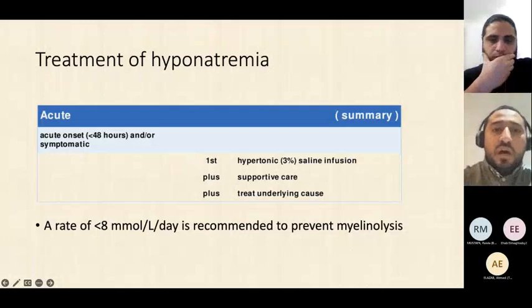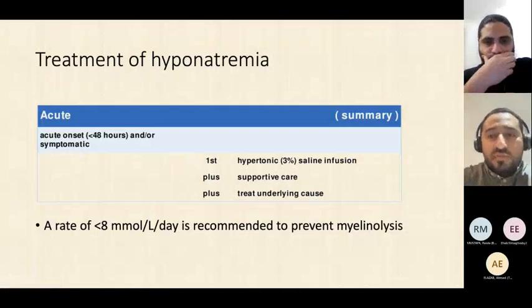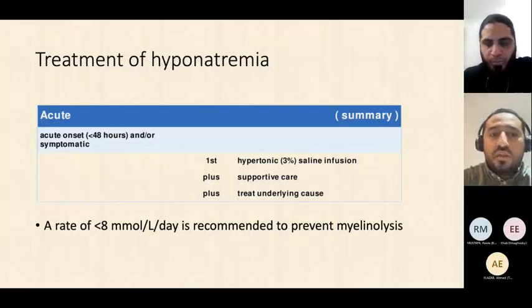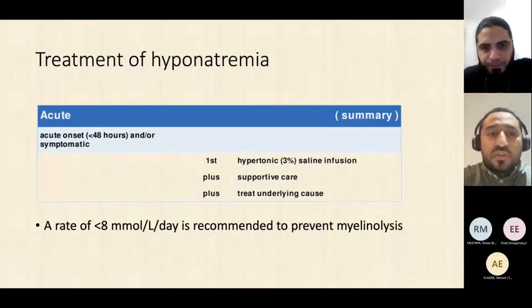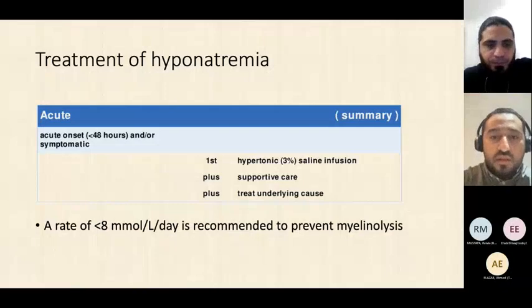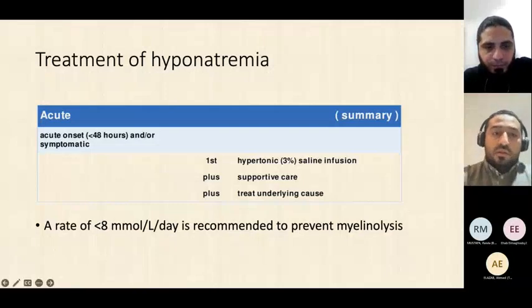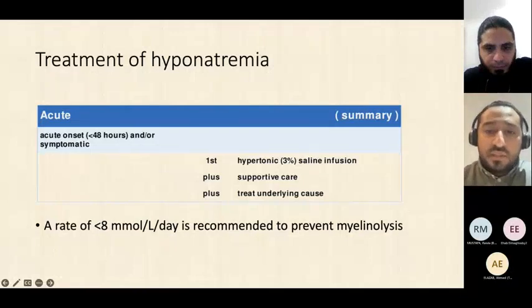Then coming to how to treat a patient with hyponatremia, it's mainly dependent on the severity. Before the severity, it depends on the onset. So if we have a patient with acute hyponatremia, this patient will need to be given hypertonic saline infusion, usually in ITU setting.